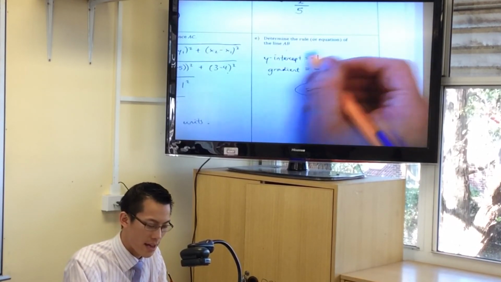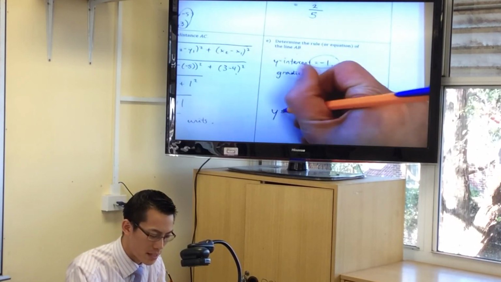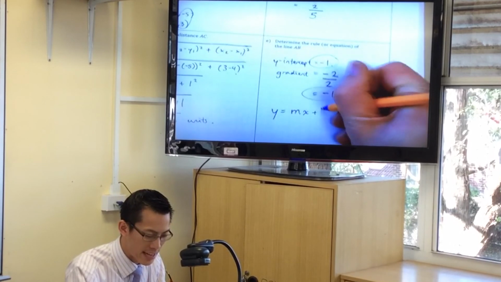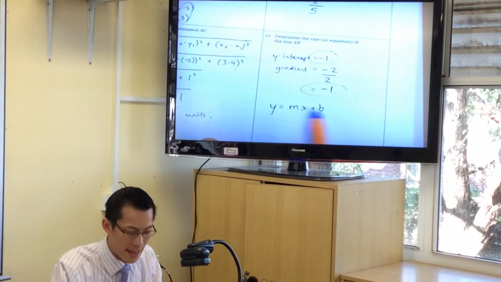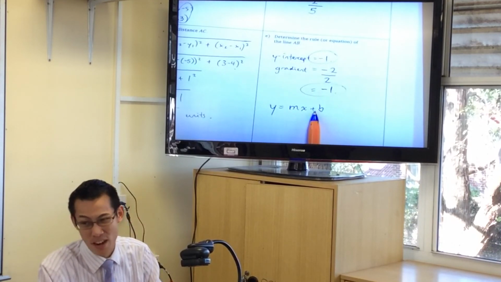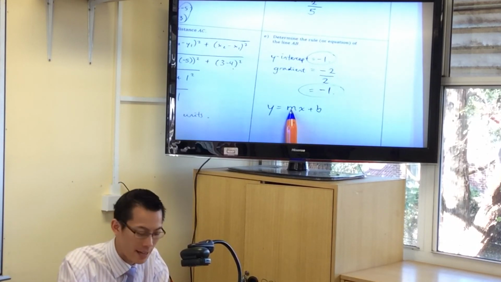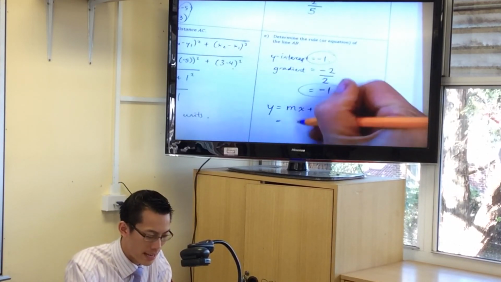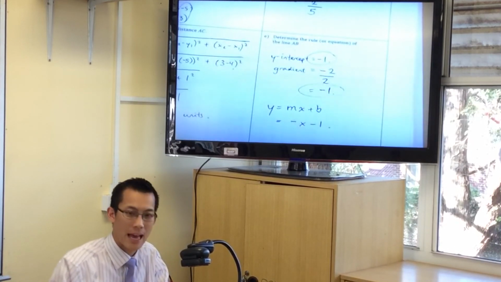It's nice and convenient that they're the same. I'm going to put them into this form. Do you recognize this? There's an m and a b. Which one's which? That's the gradient, and that's the y-intercept. In this case, because the numbers are actually the same, it doesn't matter, but usually they'll be different. So you'd put the gradient here and the y-intercept here. In this case, I get negative x minus 1. And that's the equation.